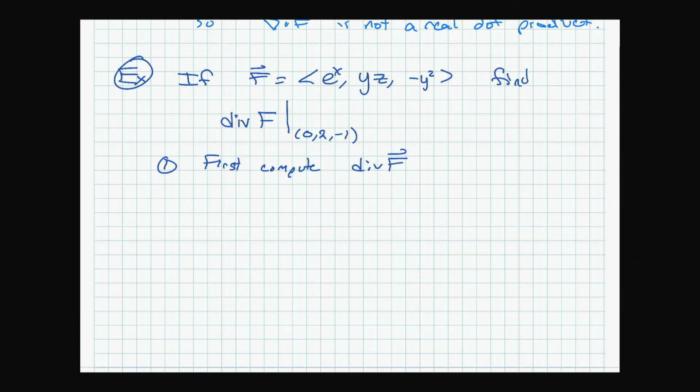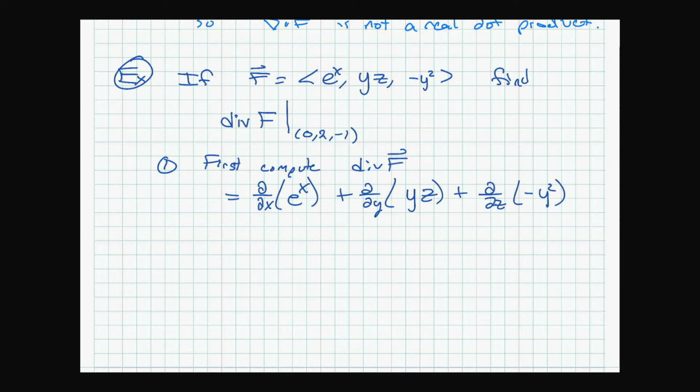which is not complicated here. Remember, what you do is you've got three components, or two if you've got a two-component vector, but you just do partial with respect to x of the first thing, partial with respect to y of the second thing, partial with respect to z of the third thing, and that's your divergence.